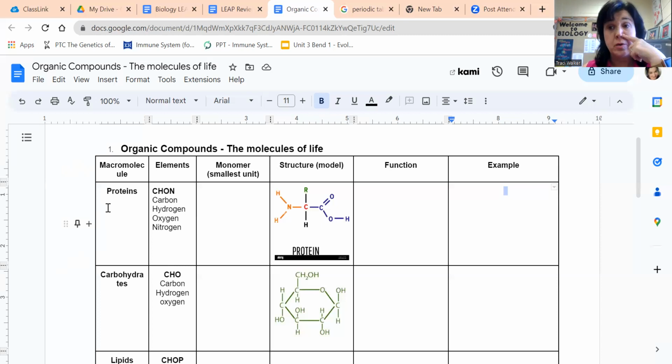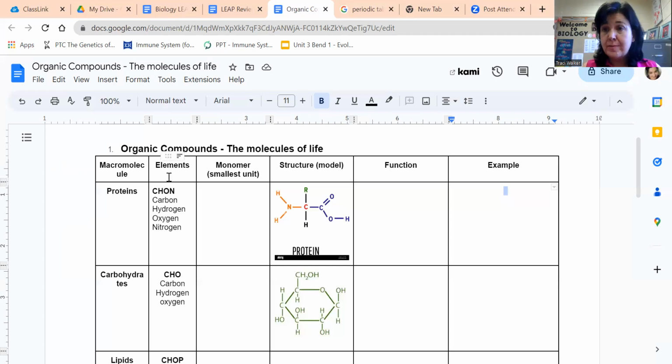We call these organic compounds macromolecules, because they are large molecules. So molecules are tiny, elements are even smaller, and atoms are even smaller than that. We've got atoms, and a group of atoms that are all the same are called elements.